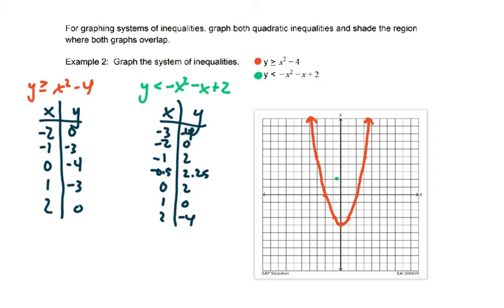Alright, and then there were points to be made. Give me just a second. Alright, and then we go down to 0. And then negative 4. And it'll keep going from there. This one is dashed because it is not a solid line.